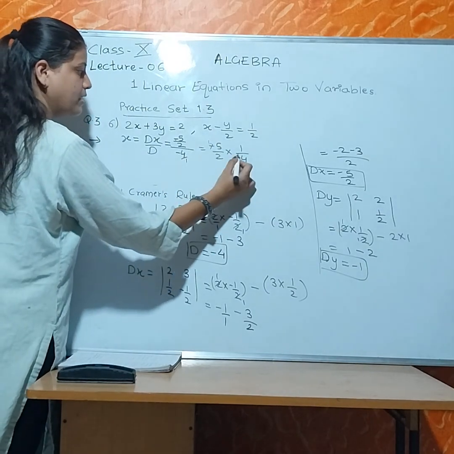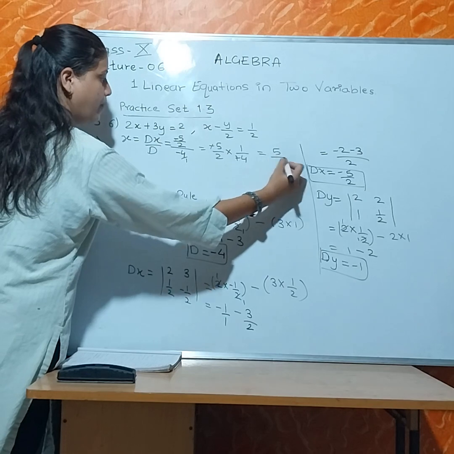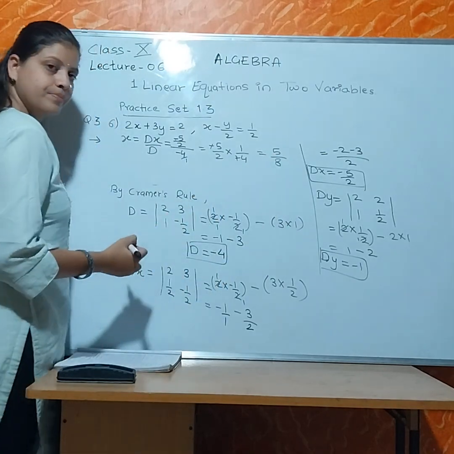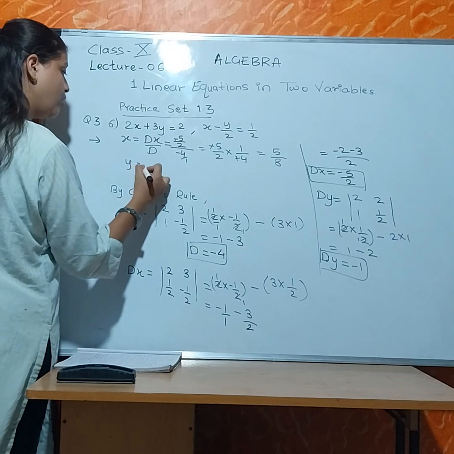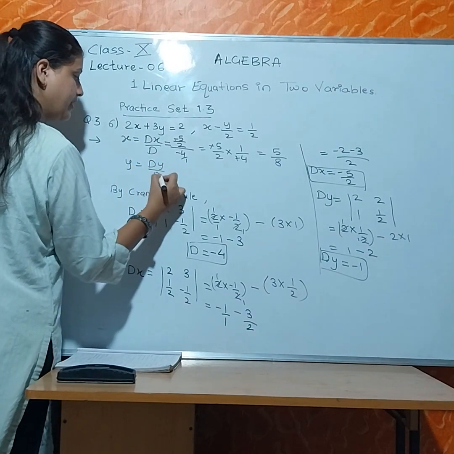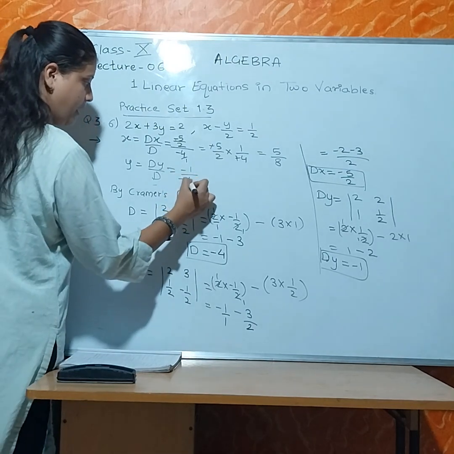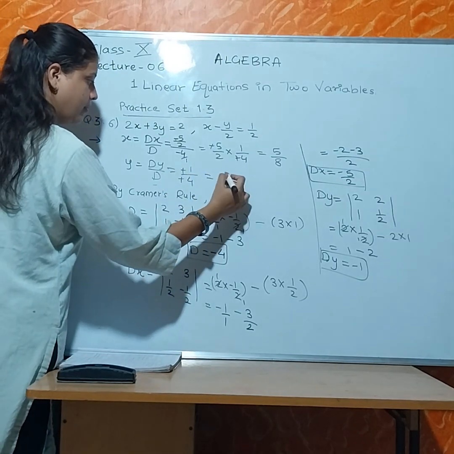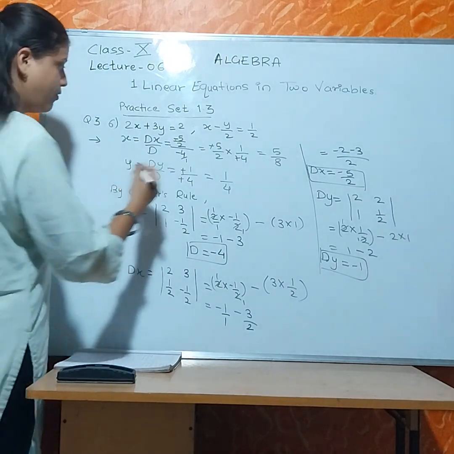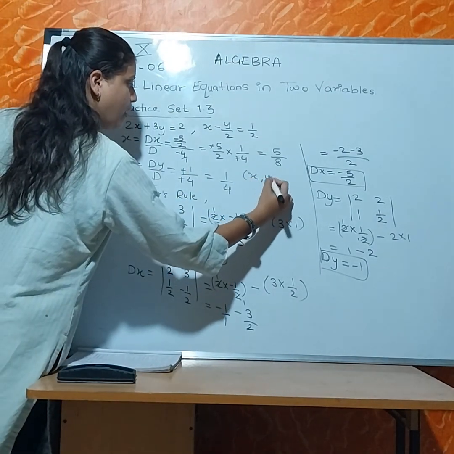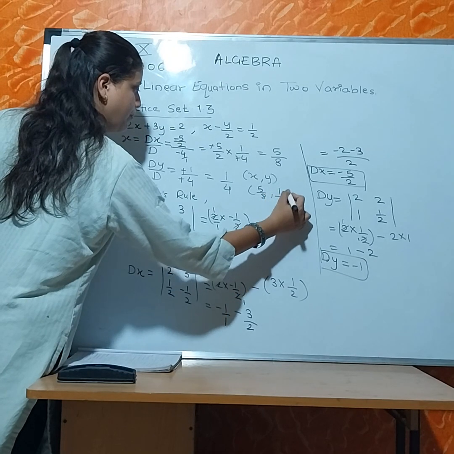So minus minus gets cancelled. So 5 into 1 upon 4 into 2, that is 8. So x is 5 upon 8. And how to find the value of y? Dy upon D. What is Dy? Minus 1. And what is D? Minus 4. Minus minus gets plus, 1 upon 4. So the values of x, y are 5 upon 8, 1 upon 4.